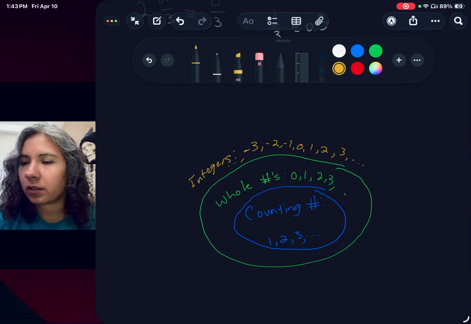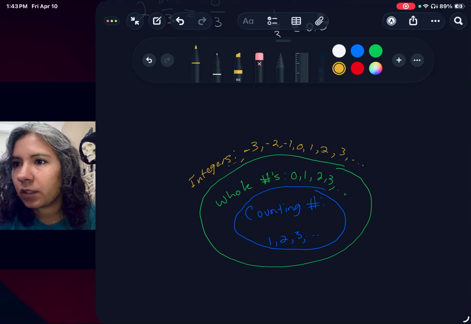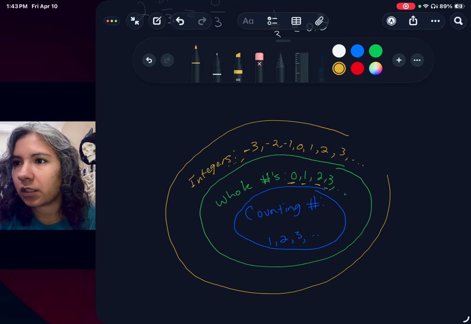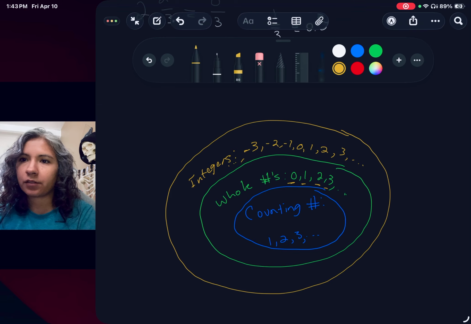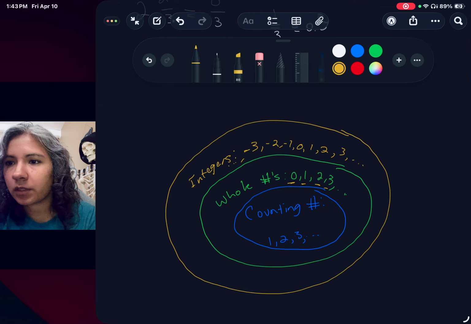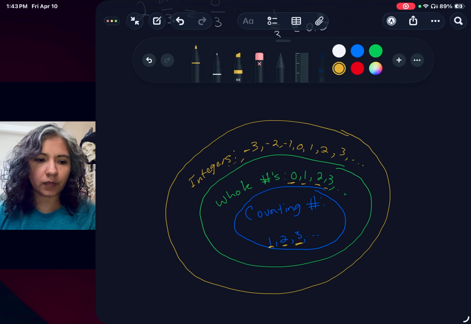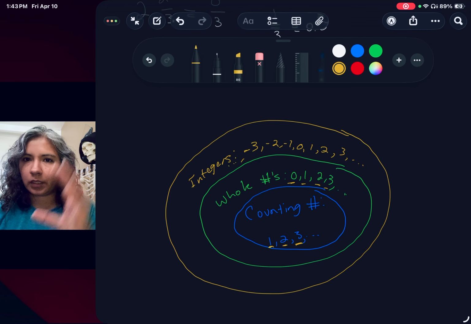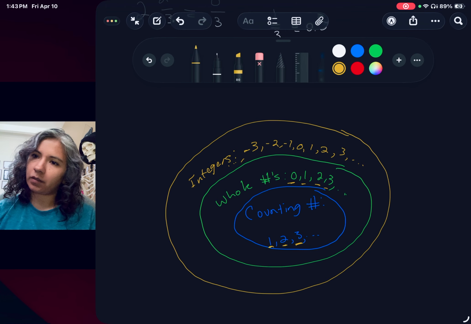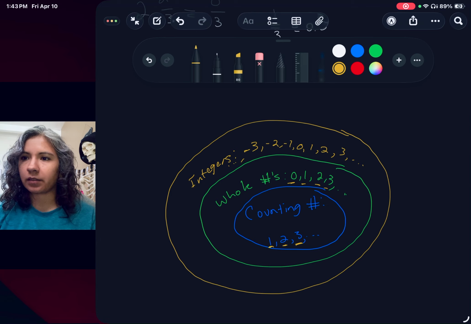But it's still including the 0, 1, 2, 3. So I am circling this because integers also include the whole numbers, which also include this 1, 2, and 3 counting numbers. So they all kind of go together.